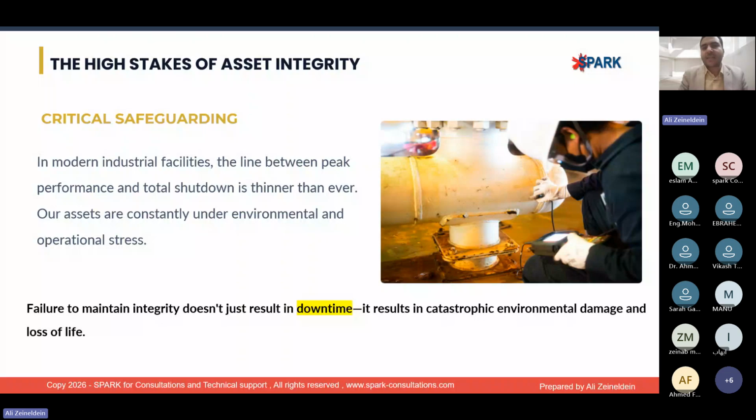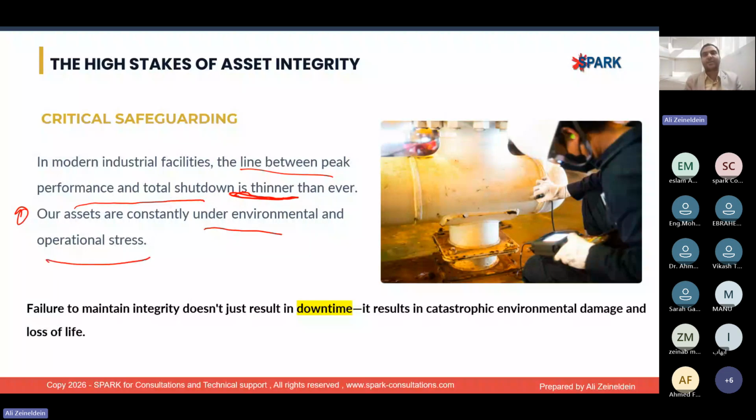As we know, nowadays in modern industrial facilities, the line between peak performance and total shutdown is much thinner than ever, so our assets are constantly under environmental and operational stresses.